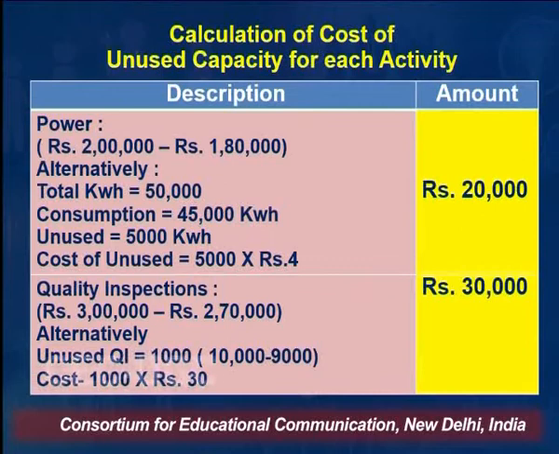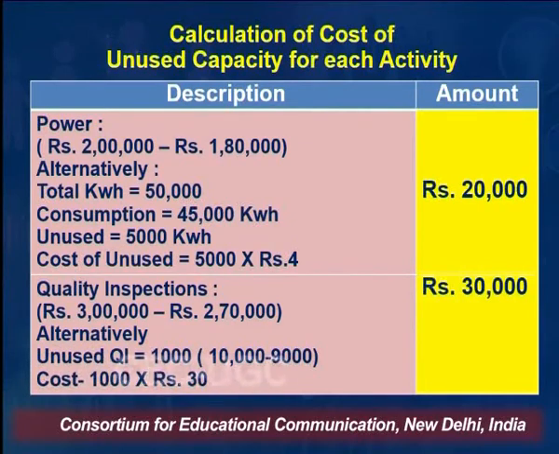If we take a closer look at the question, we find the total cost of power consumption comes to be 1,80,000, whereas with the capacity it was rupees 2 lakh. So the difference is rupees 20,000, which is unused, or you can also call it reserve capacity, that we have not yet utilized.